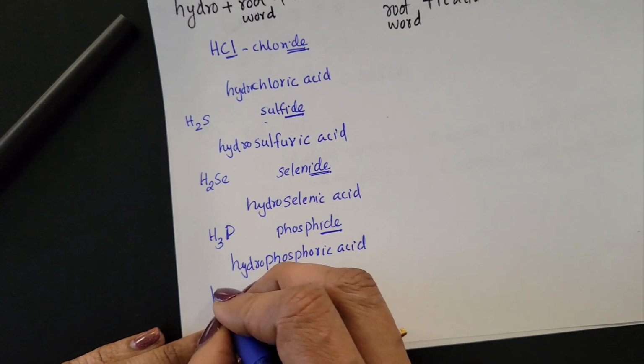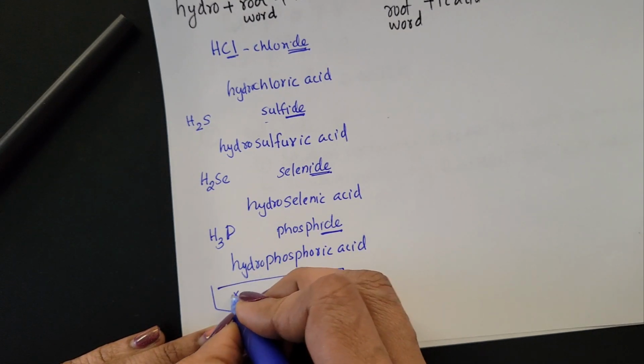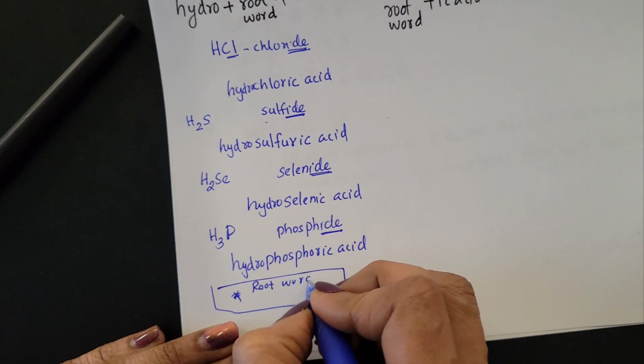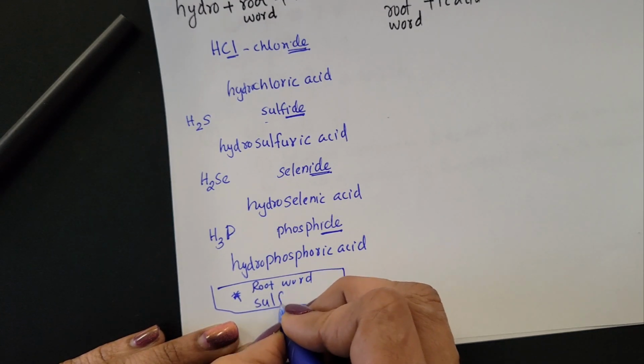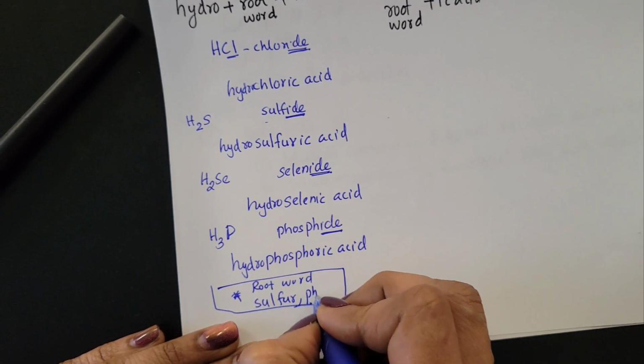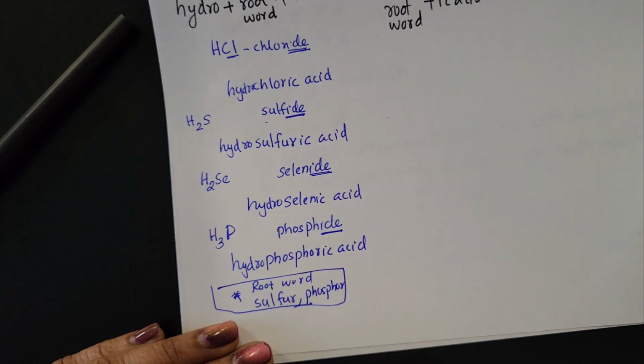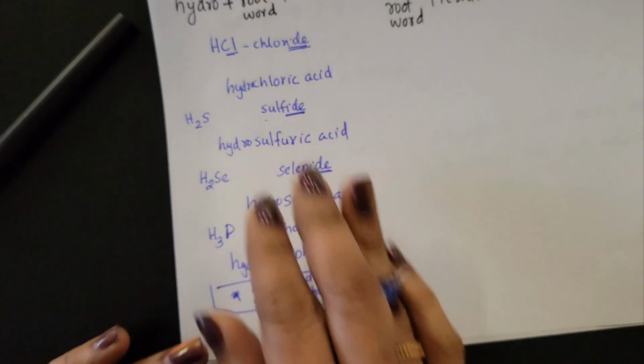So the only exceptions to this rule are that the root word for sulfur is sulfur and phosphor is phosphor, not phosphorus. You have to write the name up to R. That is naming for binary acid.